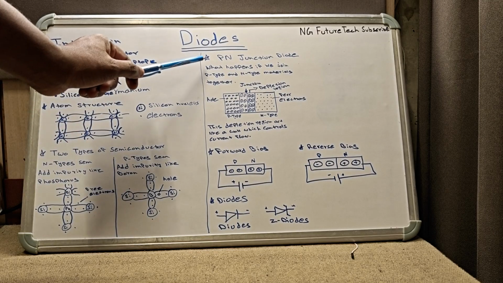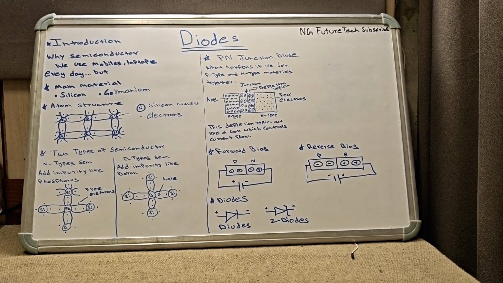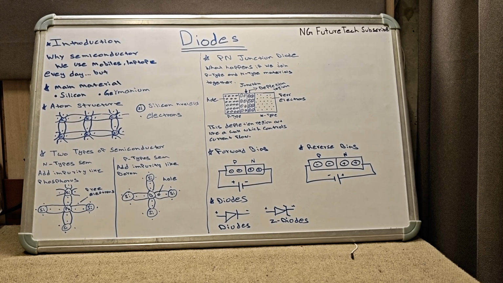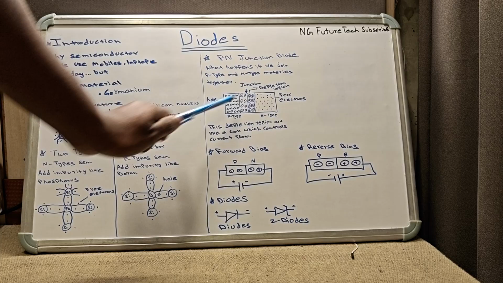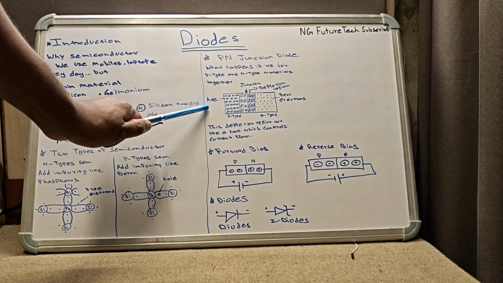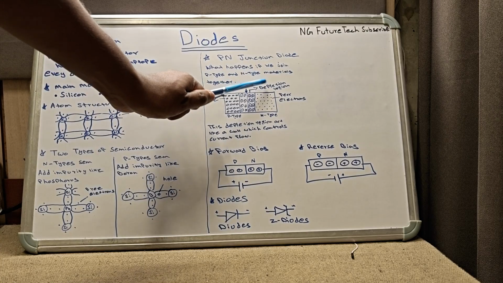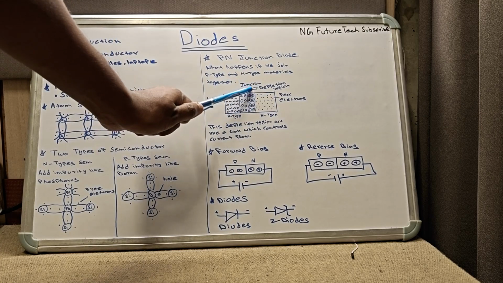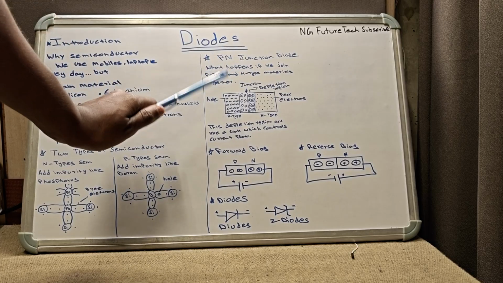Now we are seeing the PN junction diode. What happens if we join P and N-type semiconductor together? Let's see. This is the diagram of a PN junction diode. There are 3 parts. One is P-type, another is N-type, and this is called the junction, PN junction.